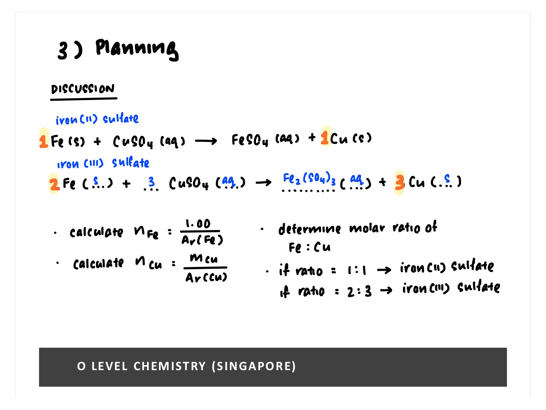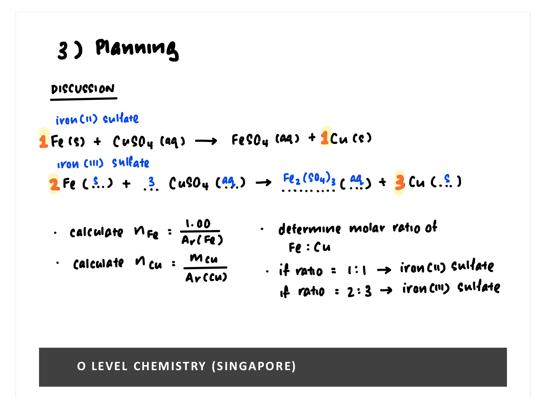So the first calculation that you need to make is to calculate the number of moles of iron, or amount of iron, by taking 1 gram divided by the molar mass or atomic mass of iron. The second calculation is to find the amount of copper, which is to take the mass of copper divided by the atomic mass of copper, and then to determine the mole ratio of iron to copper.